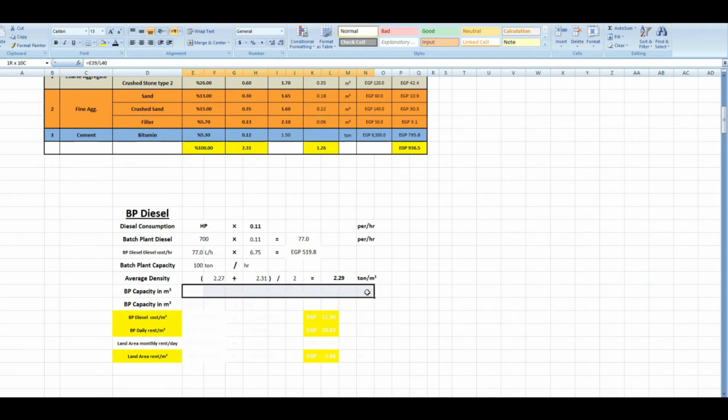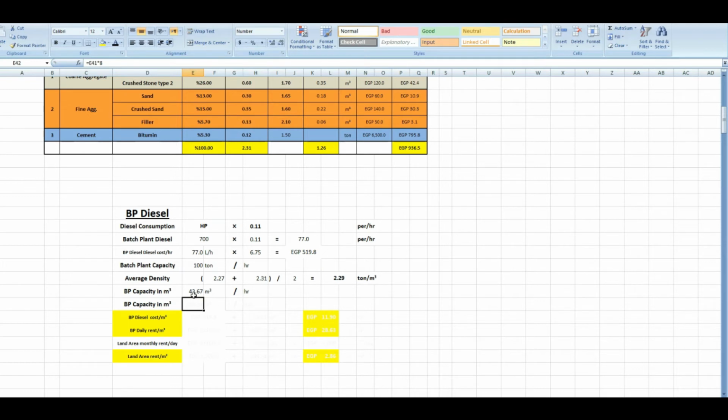What about efficiency? If we want to know the volume of mix design produced from the batch plant, we have to divide the capacity of batch plant in ton over the density or average density of the mix.